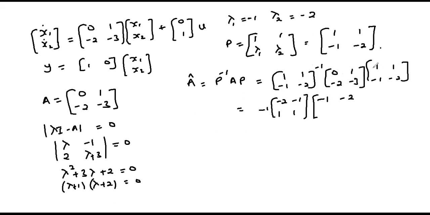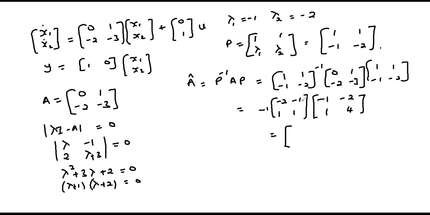Then this will be -2 plus 3, which is 1, and minus 2 plus 6, which is 4, which will give us, this is 2 minus 2 minus 1, okay, sorry.